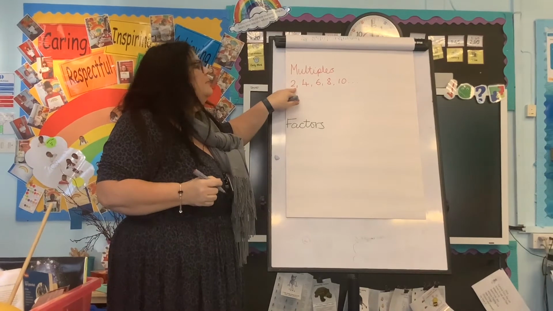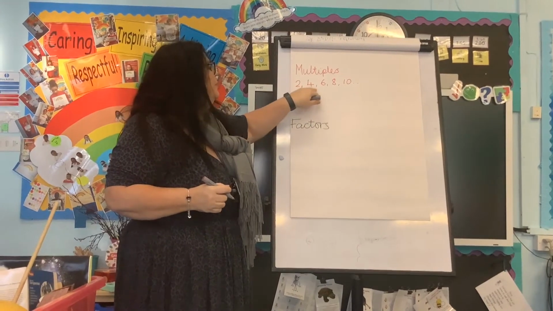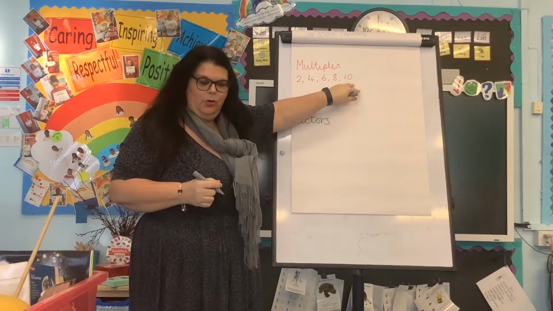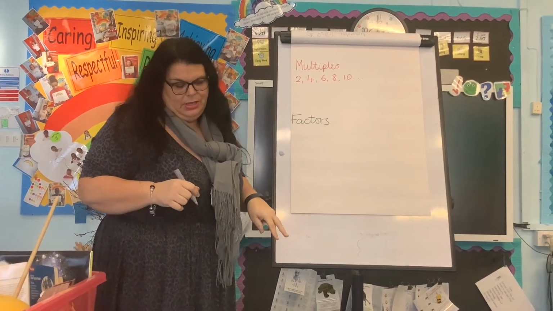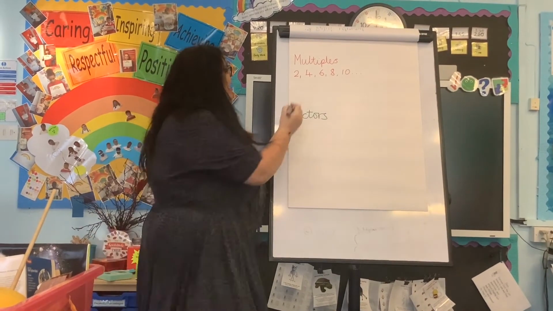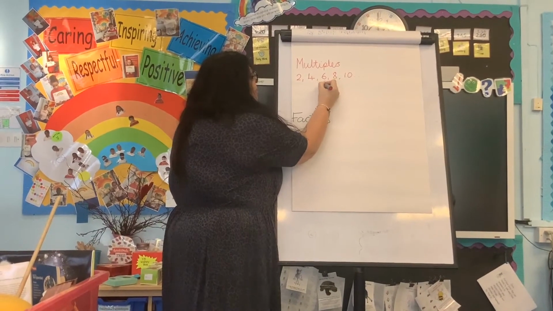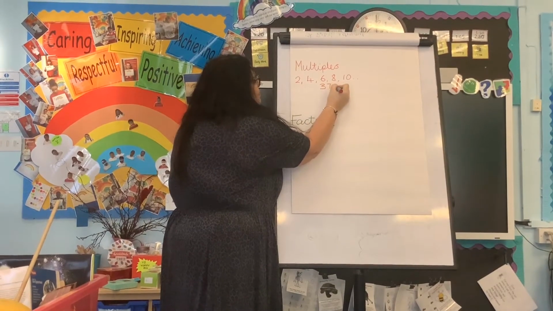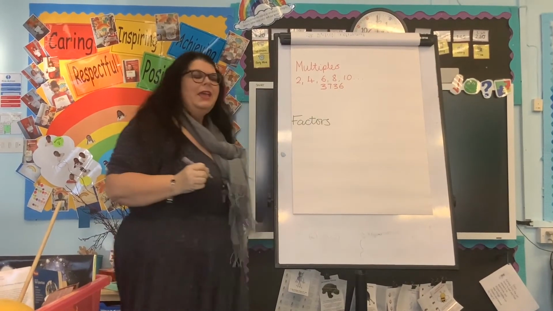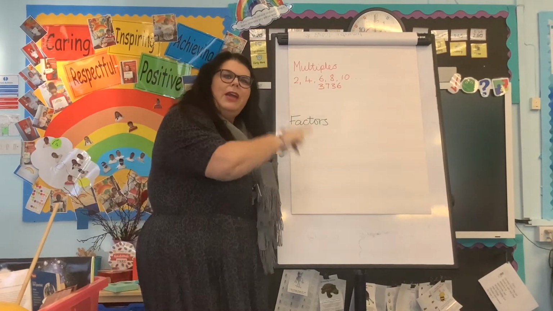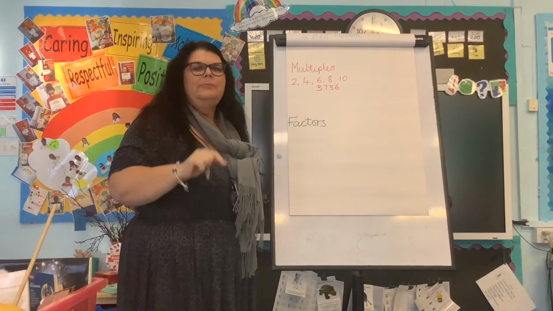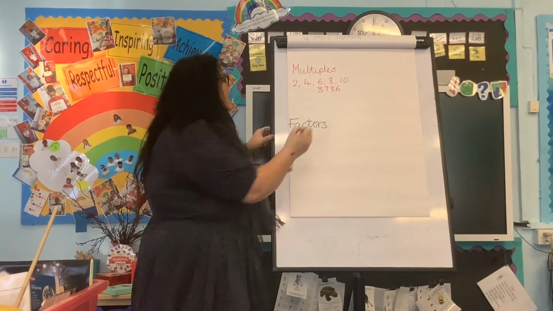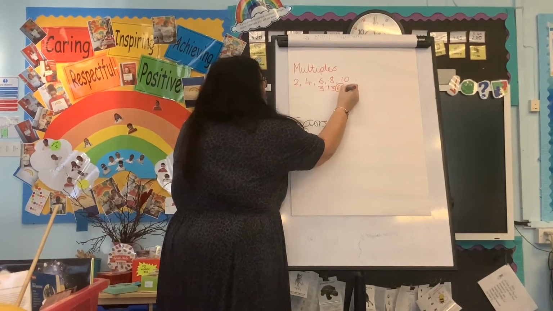The numbers in the multiples of 2 all end in 2, 4, 6, 8 or 0. They're all even numbers. So you should be able to tell that the number 3,736 is a multiple of 2 without counting all the way up to it. It's a multiple of 2 because it ends in a 6.